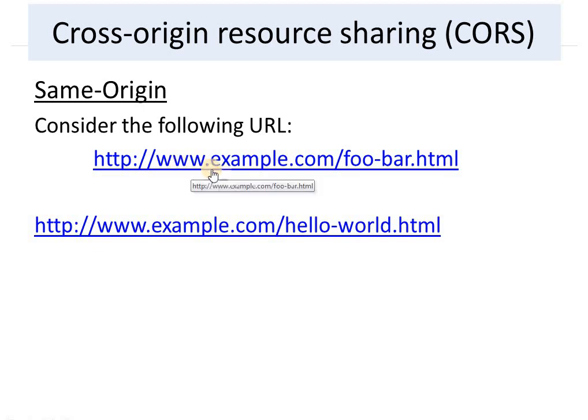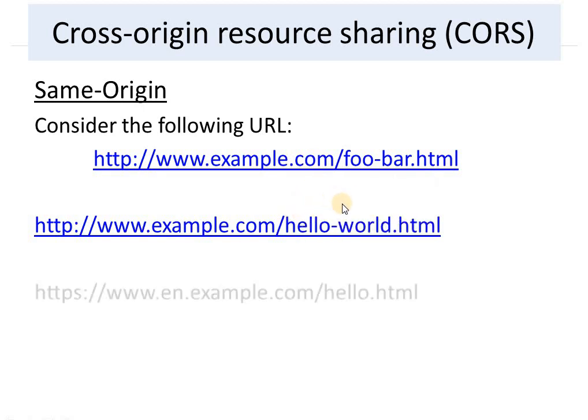Over here the domain is www.example.com, and over here it is also www.example.com. And then the port number. For HTTP, the port number is 80 by default. That means the port number is also the same.